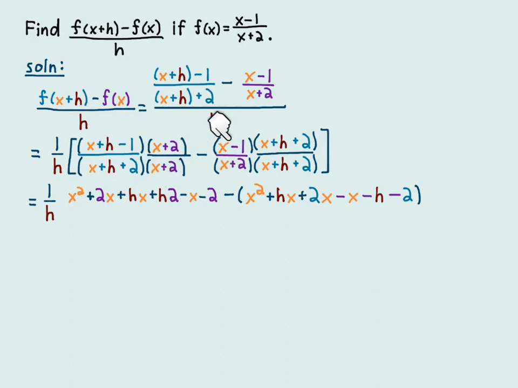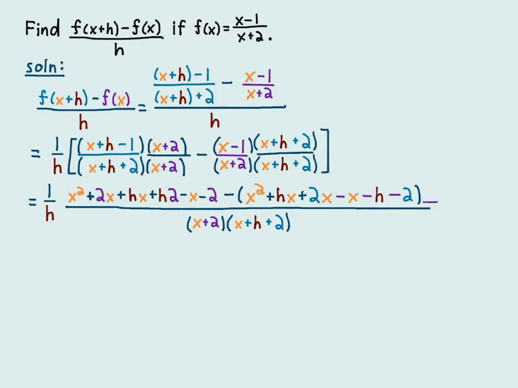So just put this in parentheses. There's always a minus here, so this is usually a good idea, right? Put these in parentheses, and then just distribute that minus the next step. And the next step will just be opposite sign, opposite sign, until you're done. Okay. Now, of course, this whole thing goes over x plus 2 times x plus h plus 2.